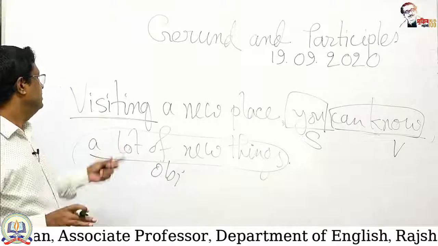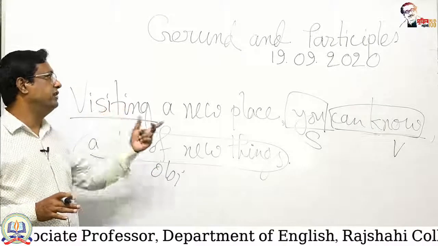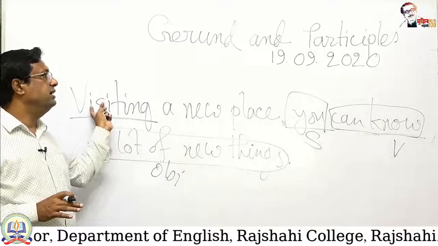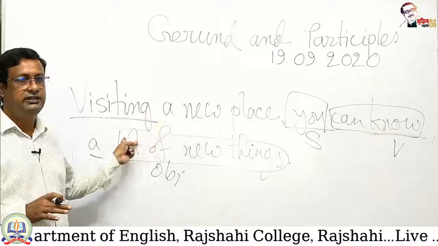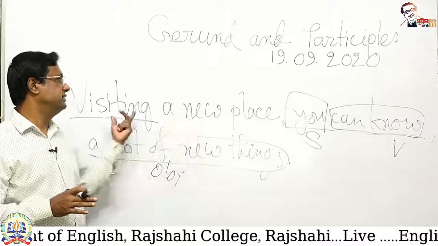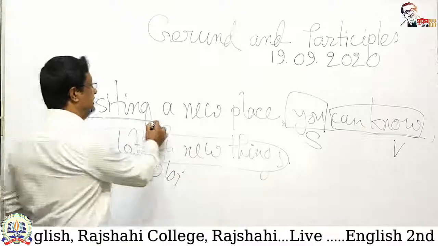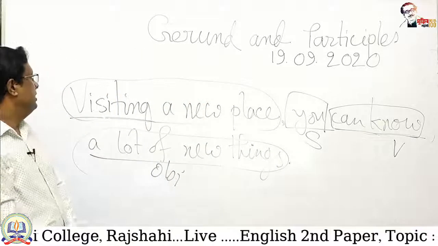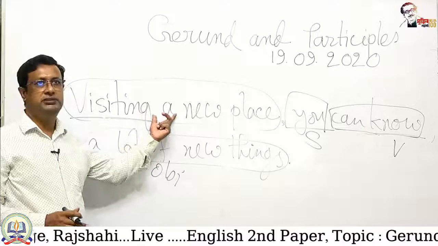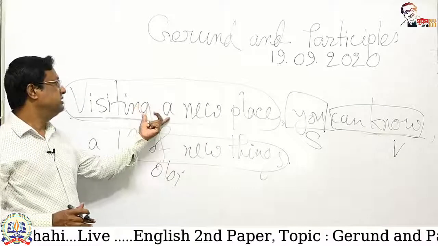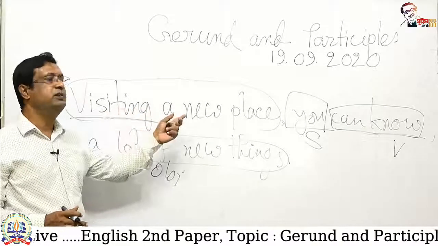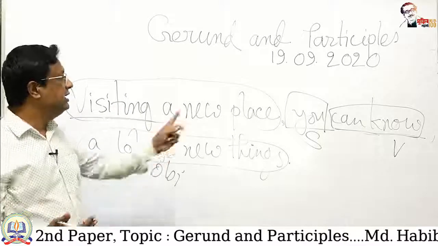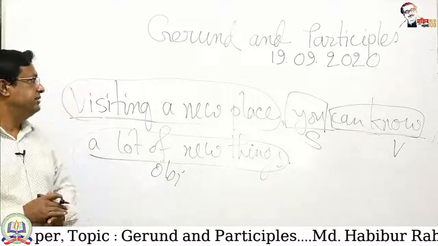However, notice "visiting" does not modify any word here. It is not modifying any other word in the sentence. It is a separate part and there is a separate sense here. Firstly, I have mentioned an action. This action has been done, visiting a new place. So when you have visited a new place, you can know a lot of things.